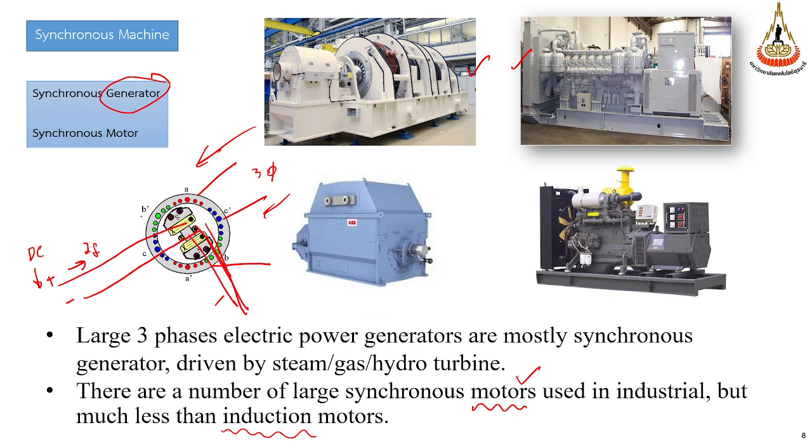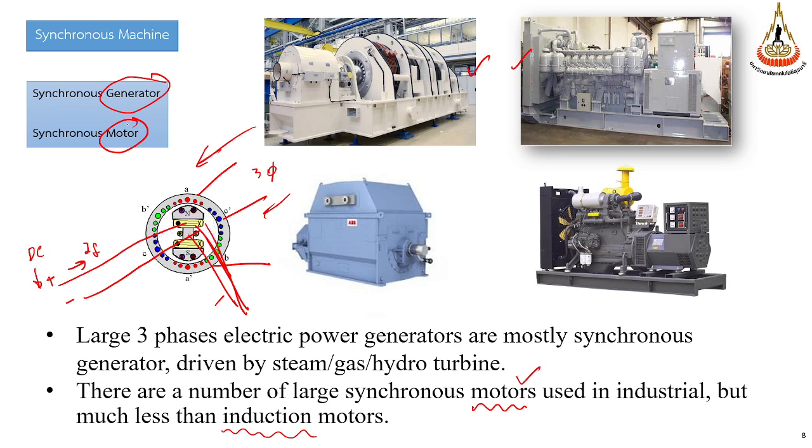So to use a synchronous motor, we need to supply AC power and DC power both to make it move. So it's not convenient in practice. It needs DC supply to the rotor, the moving part, and we need to supply three-phase. So it's not widely used as a motor.